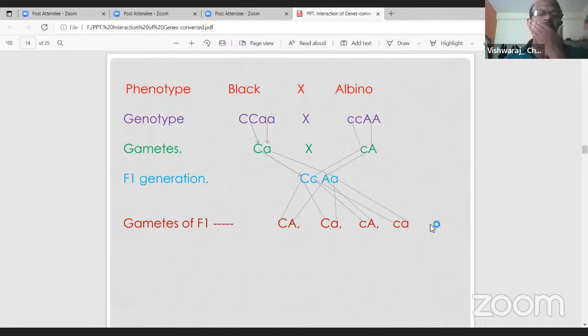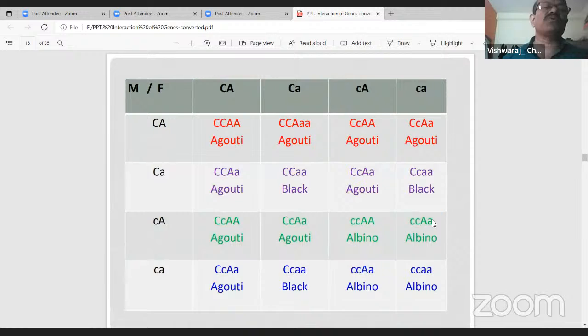In the F2 generation, four types of gametes are produced. Then F1 is crossed with F1. Taking a checkerboard, as in complementary genes, these four gametes are male and these four gametes are female. Both sets of gametes are the same: capital C capital A, capital C small a, small c capital A, small c small a.